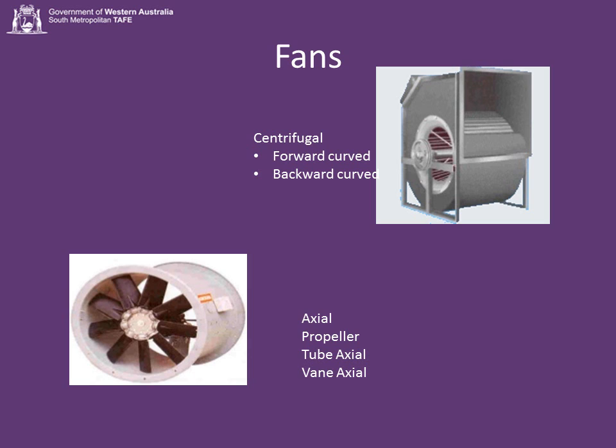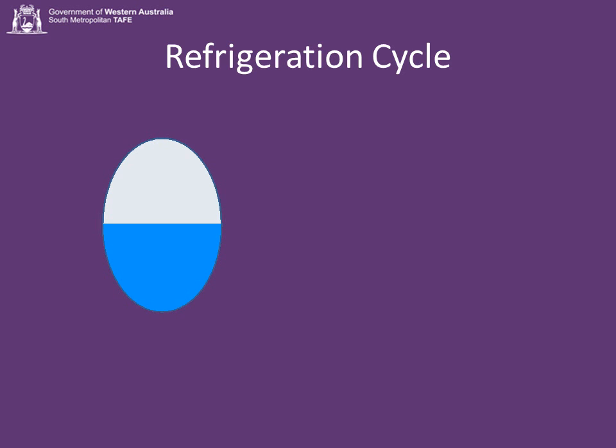Another type is the axial propeller type of fan. These are better if you want to deliver low pressure, high volume, whereas the centrifugals are better for high pressure, less volume. Before we go too much further, let's have a brief recap of the refrigeration cycle.